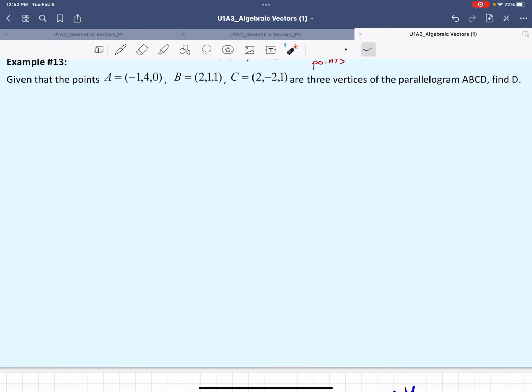So first I'm going to draw a parallelogram, and I want to point out one very important fact: whenever we draw a parallelogram, it is very important how we label the vertices. So it has to go in order. This looks like a parallelogram, right? So that's A, B, C, and D. You don't go A, B, and then C and D here.